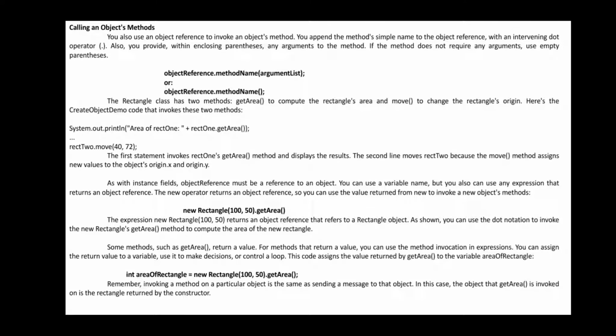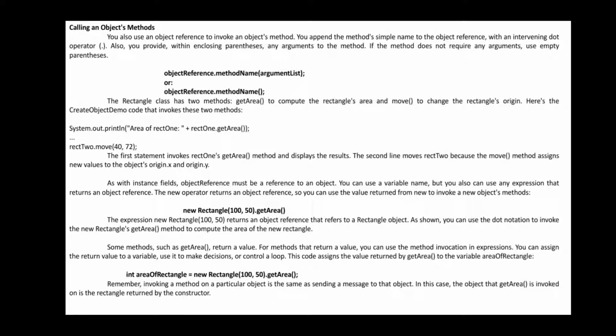Now, how does an object call methods? We have seen an object calling a variable or a field. Now how are you going to call the methods? Methods can be called with the same kind of statement: object name dot method name, with an argument list within the brackets if you are passing any values.